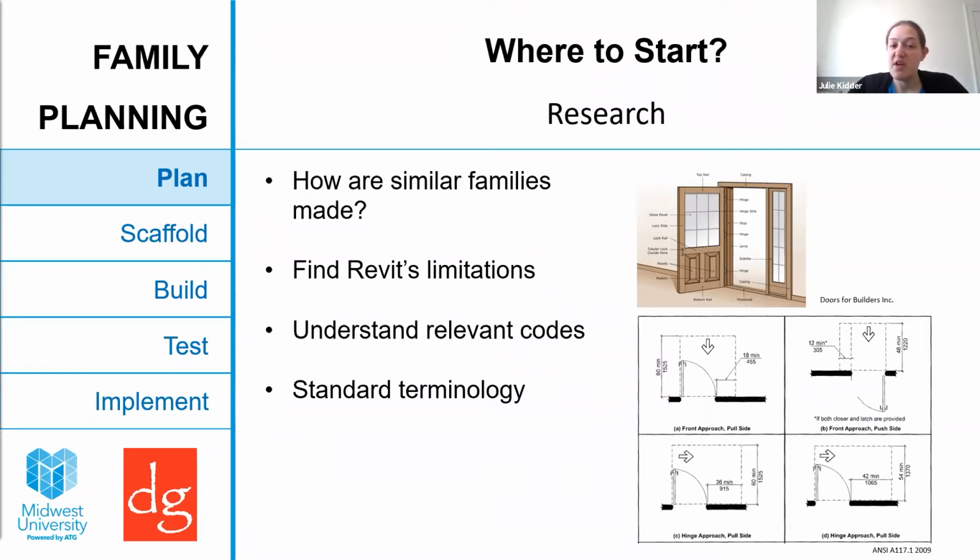I started using hinge versus latch, pull, push, and using things like leaf and panel, because those were terms that the door industry used to describe how their doors were built. And that would make the family more accessible. If other people used it, they could search for a term on Google and they would come up with the same description rather than moving slab of vertical wood.